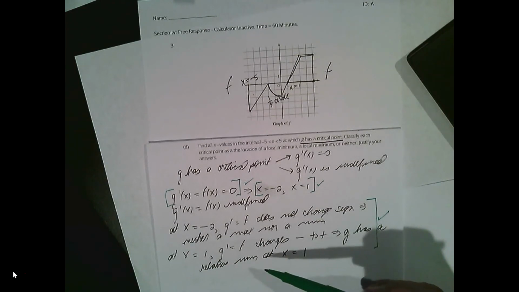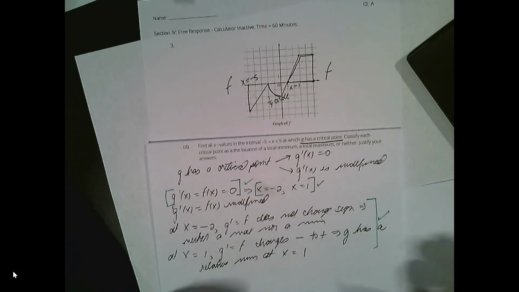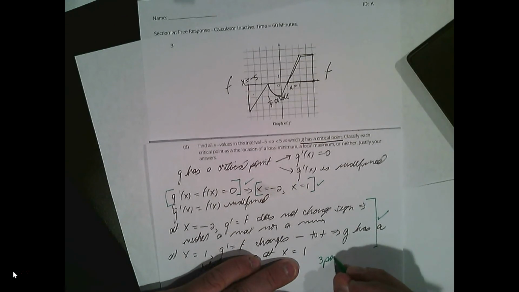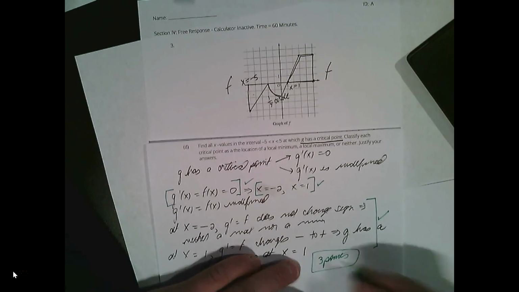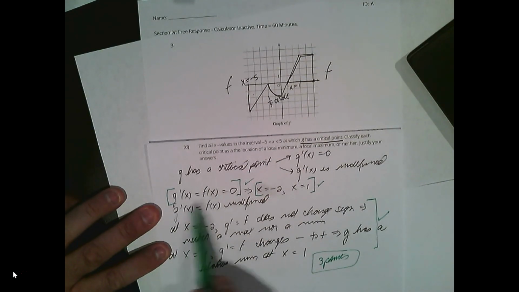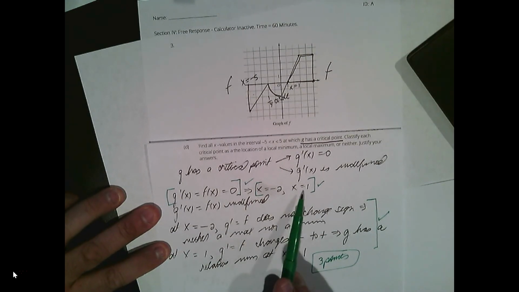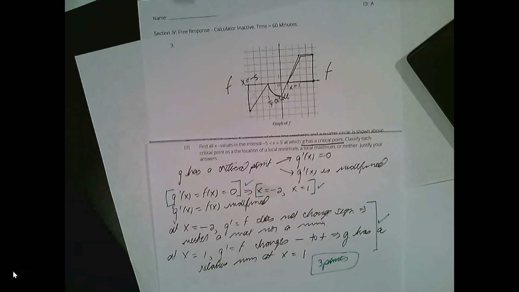And at x equals 1, g prime changes from negative to positive, so you have a minimum. So a grand total of 3 points. 2 of them we locked in really quickly. Okay, that's about all there is for this question. 1 down, 5 more to go.